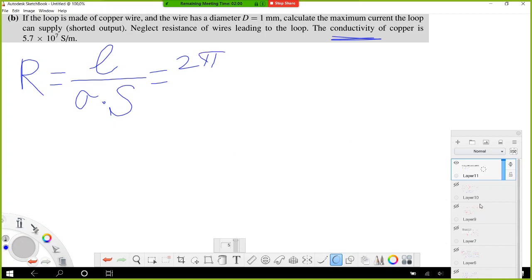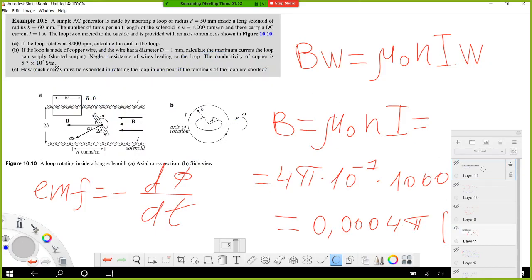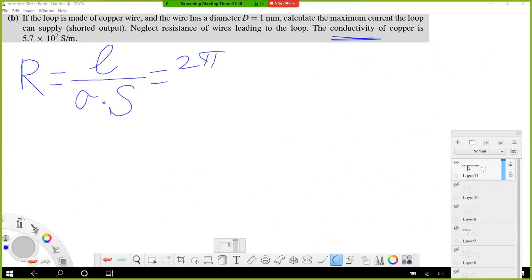and the radius of our loop is given as small d, 2p d divided by sigma multiplied by the surface of cross section of our wire, which is p.